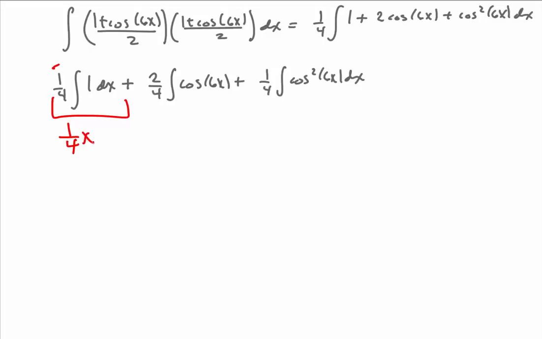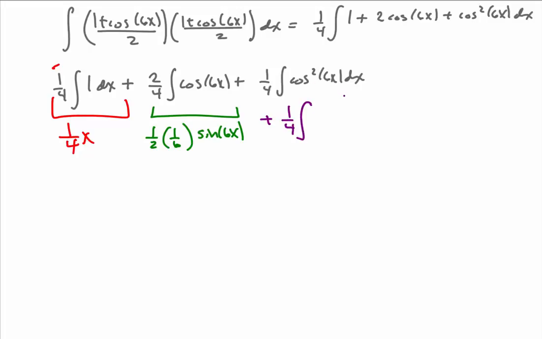So this piece right here would be 1/4 x. This next piece is going to be, I have the 2/4, which is the same as 1/2, but I'll also have a 1/6 out front, and the integral of cosine, of course, is sine of 6x. And I'll show my work to support that in a moment. And then this next one, I'm going to have to totally rewrite.